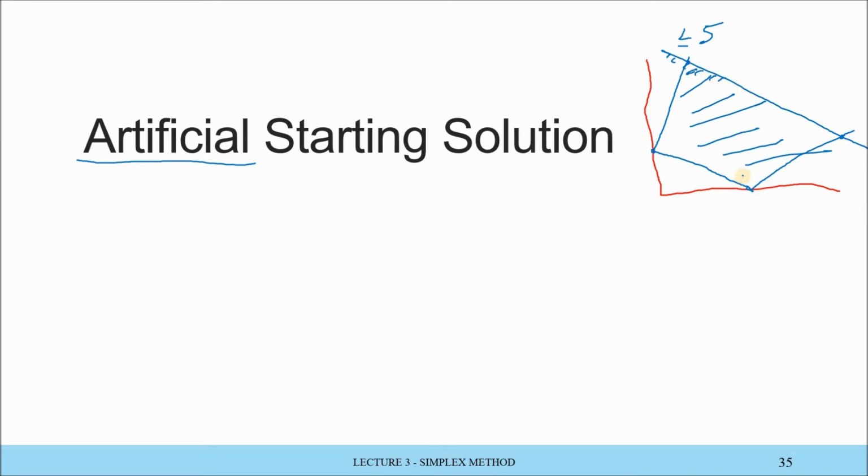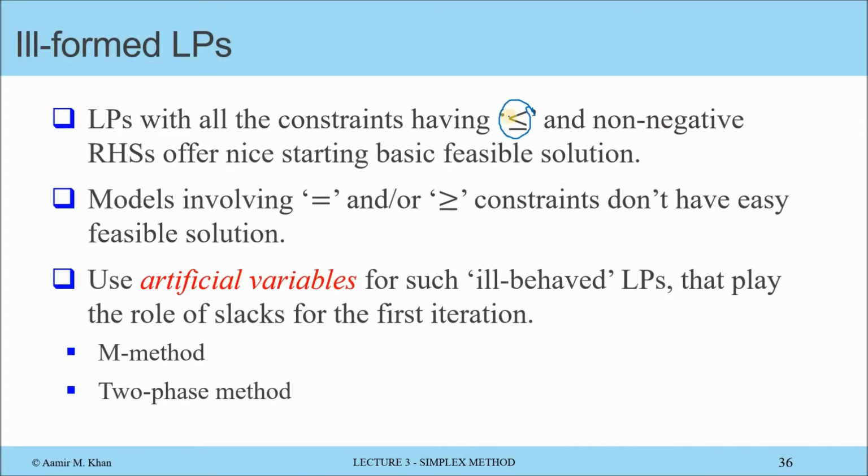Clear? So this is the case, and for example if I have something like this, then it will be something under this line. So less than or equal to with a non-negative right hand side normally offers us a nice starting basic feasible solution.